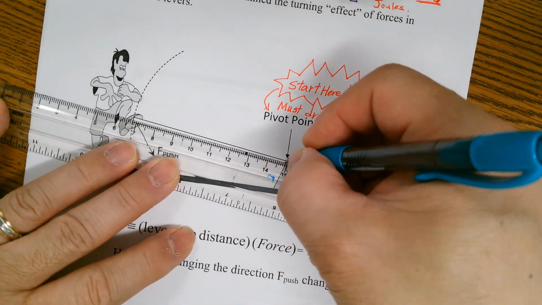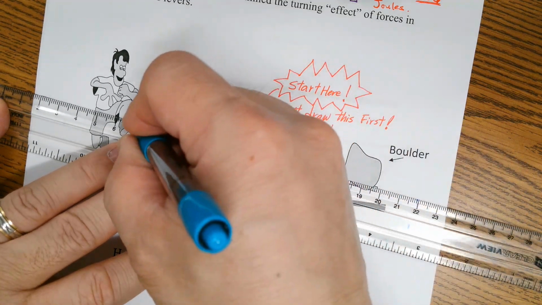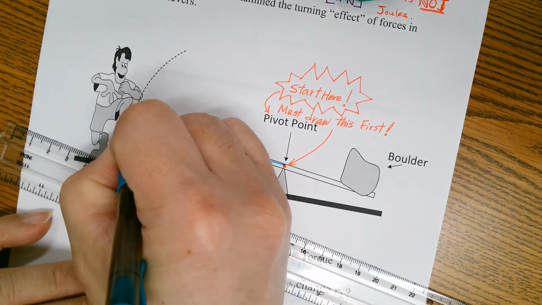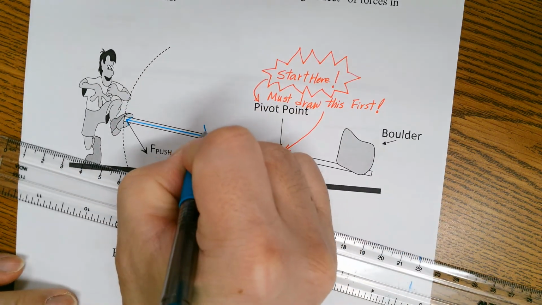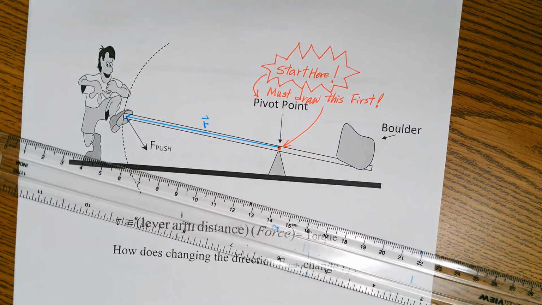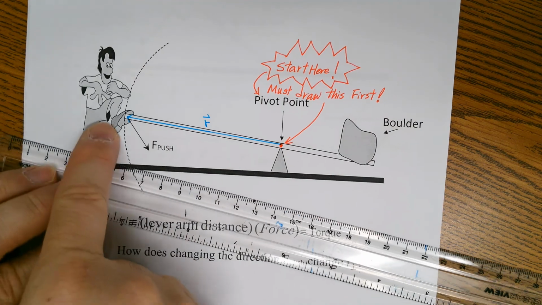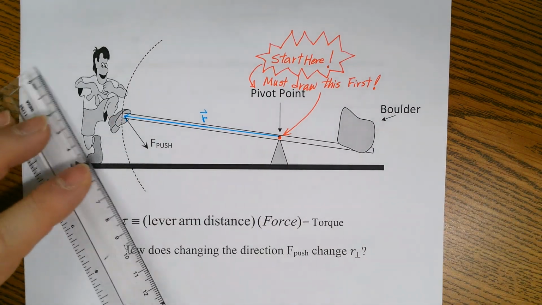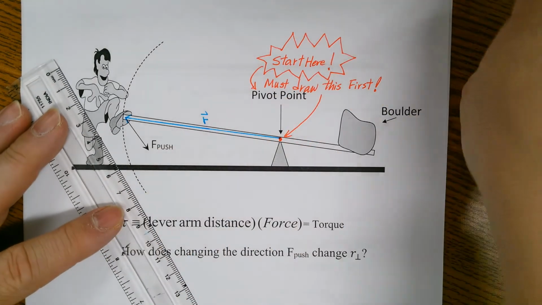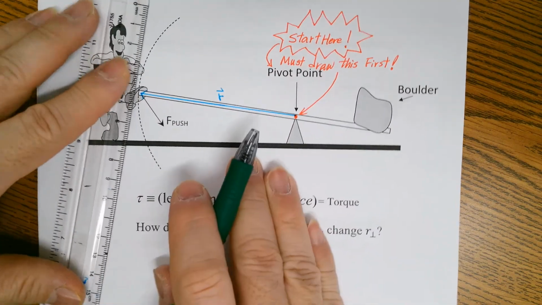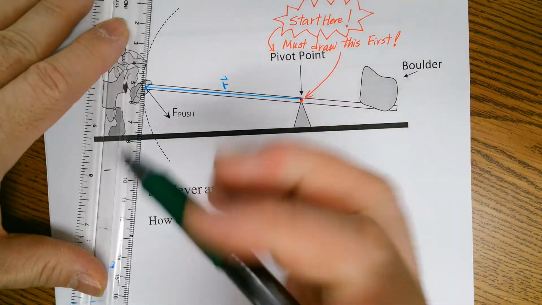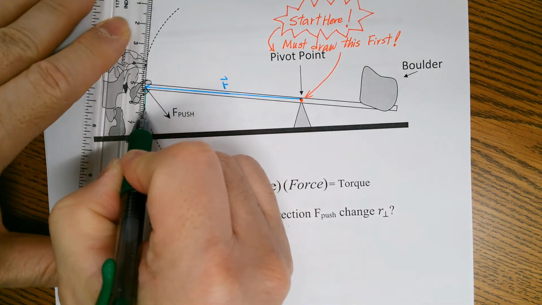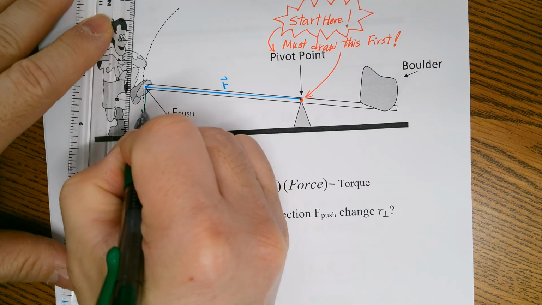Okay. So this distance is R. The force acting at that location is F. This F, I'm going to be breaking up into its components relative to the R vector.